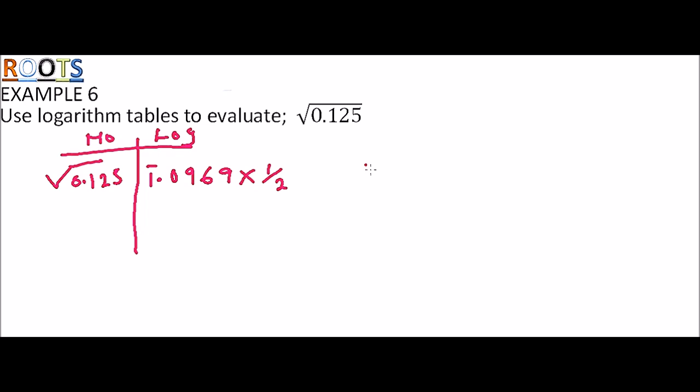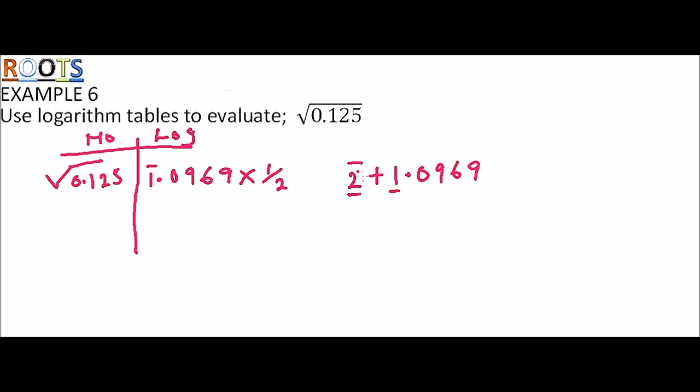For example, we can write bar 2 plus 1.0969. So realize that here we have added 1 to the mantissa and subtracted 1 here.